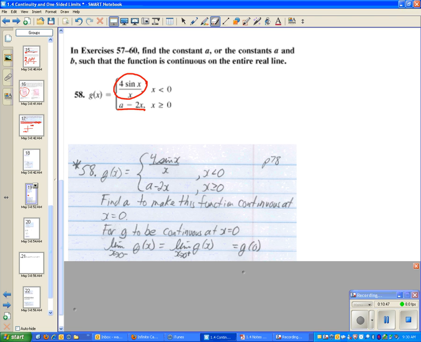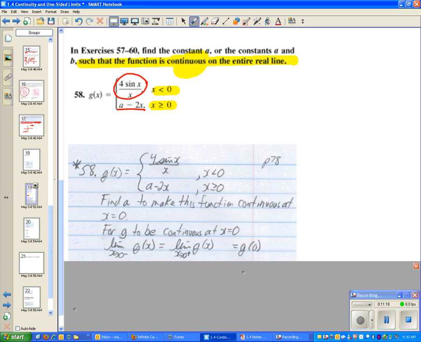All right, because that's the only place we might have a discontinuity, correct? The directions say to find a such that the function is continuous on the entire real line. So we've got to make it so that the two parts of the function connect. How do we know they connect? Well, because they've got to be continuous. What's the definition of continuous? 3 conditions.